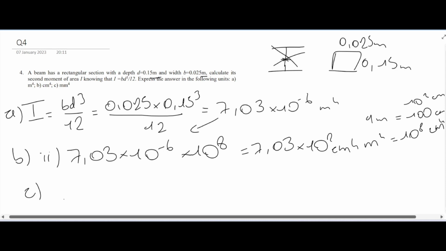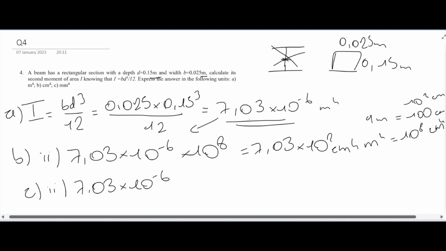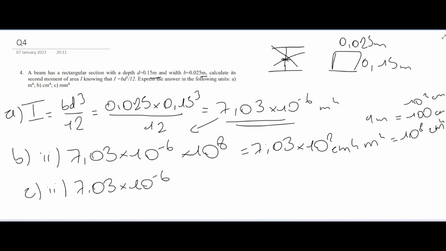And finally for part C, same here, we can use the second method, which would be 7.03 times 10 power minus 6. I'd recommend always using the first result you get, as for example, if you get the wrong answer for part B and then you use it again for part C, then obviously it's going to be wrong.